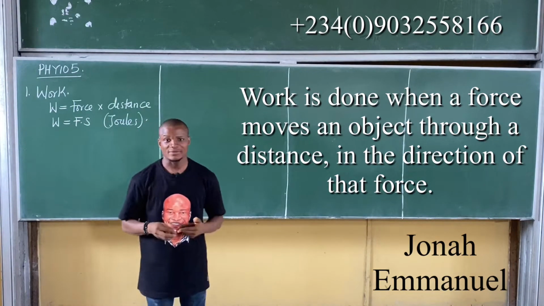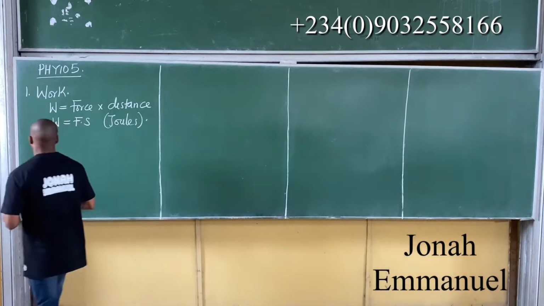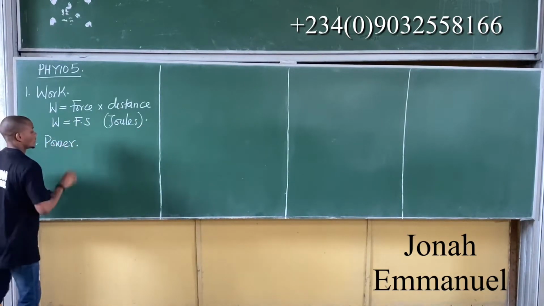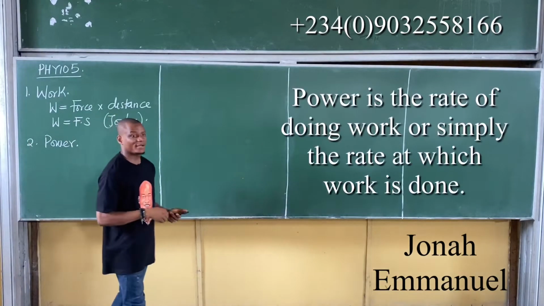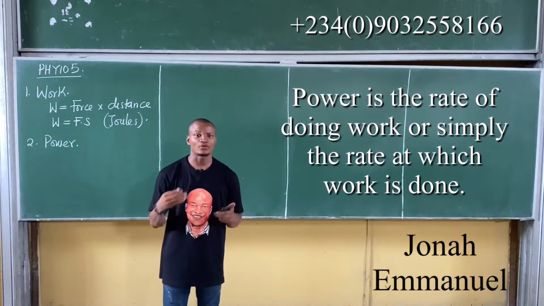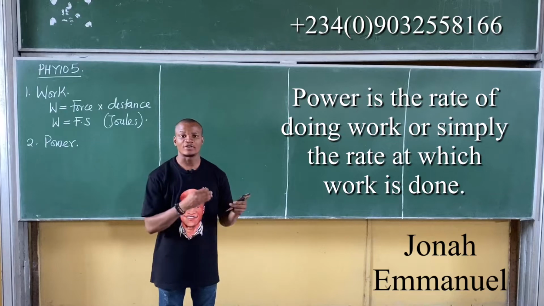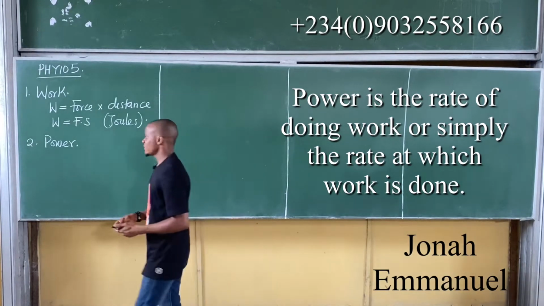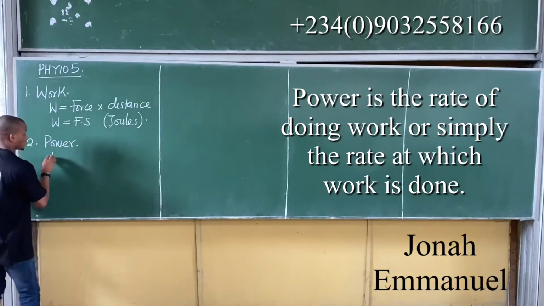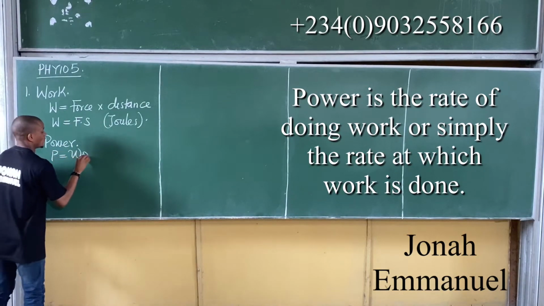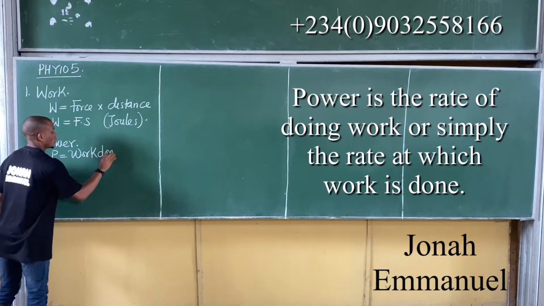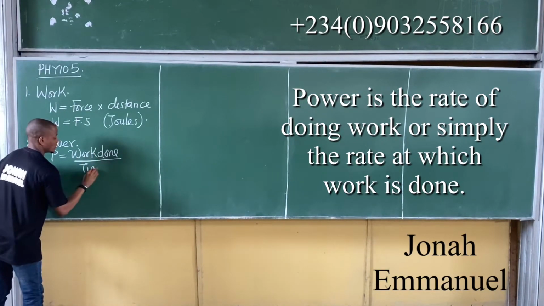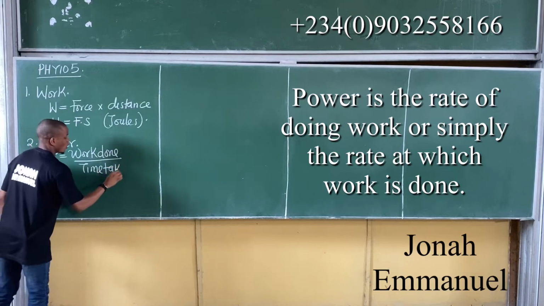Let's look at the next concept: power. What is power? Power is simply the rate of doing work, or the rate at which work is being done. Mathematically, power is equal to work done all over the time taken to do the work.